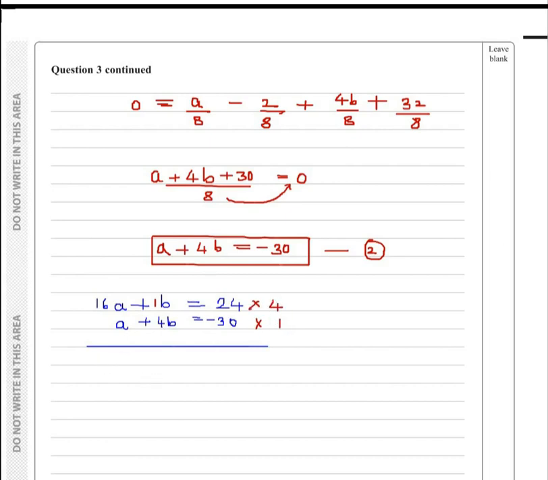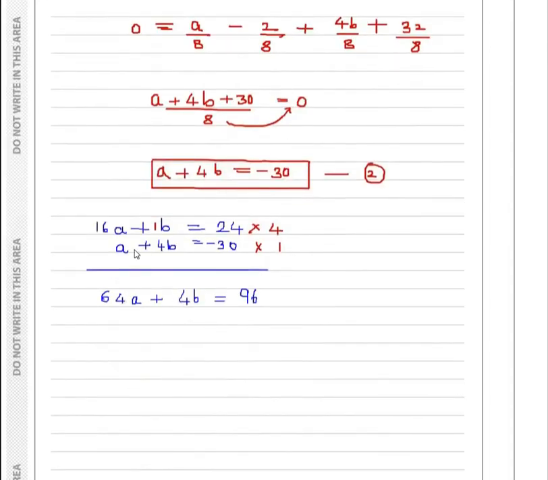So we get the first equation as 4 times 16 is 64a plus 4 times 1b is 4b equals 24 times 4 is 96. And we have 1 times a is a, 1 times 4b is 4b, and 1 times negative 50 is negative 50.